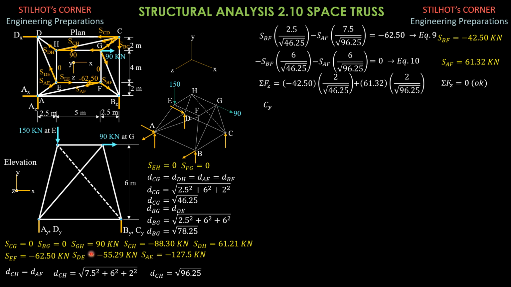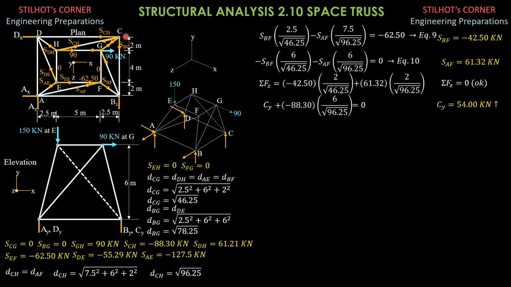SCG is 0 rather. SCH is in the upward direction, but its sign is negative. So CY plus negative 88.3 times 6 over square root of 96.25, Y component of distance for CH, and this is the distance CH. Then no more, equals 0. So from there, we can solve CY, and because it is positive, it is upward.